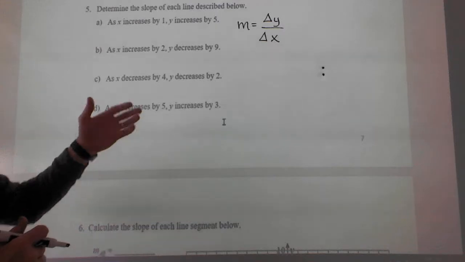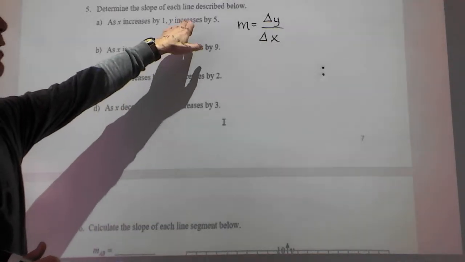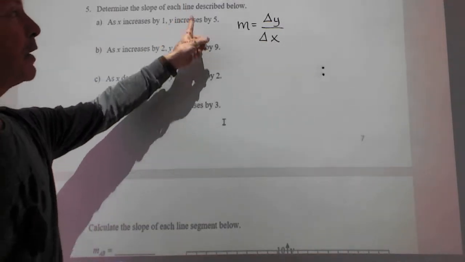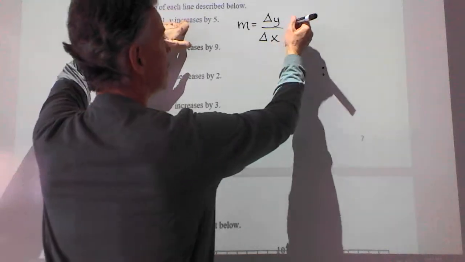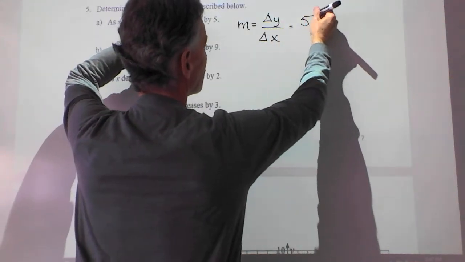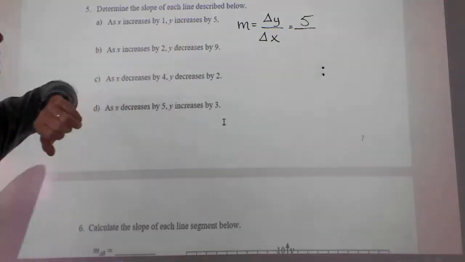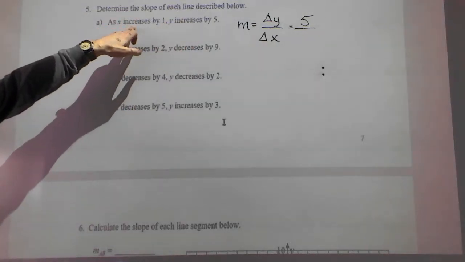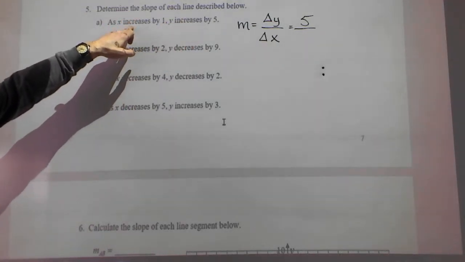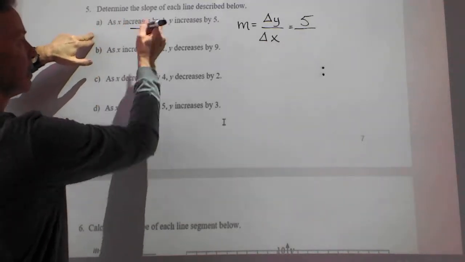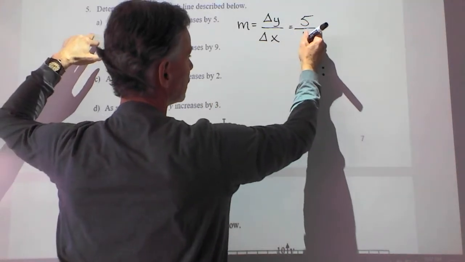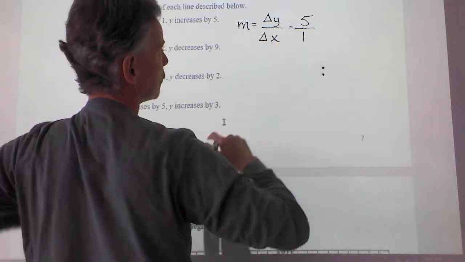Well, what is our change in y? It says it's increasing by 5. Remember, increasing means you're going up. So that means you have a positive 5. Your x change is also an increase. That means you're going to the right, which is positive, and it's a positive 1.